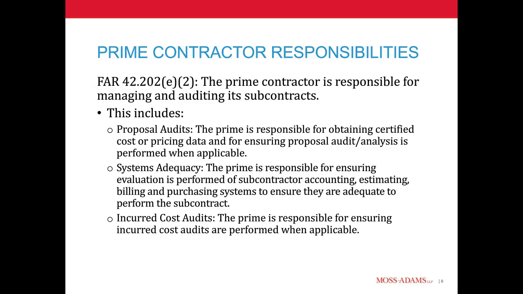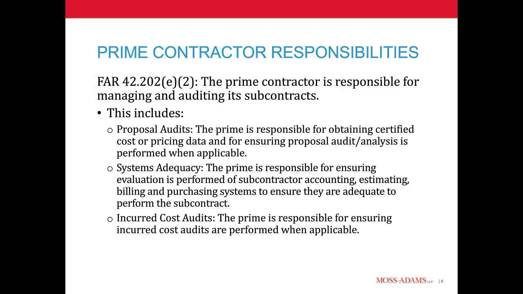Just a few of those responsibilities include proposal audits. When a proposal is being submitted and it meets certain thresholds for certified cost or pricing data, there must be an adequate analysis of that performed by the prime contractor, and the agencies are going to want to know that's happening.